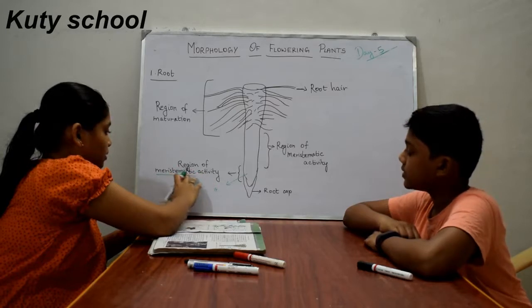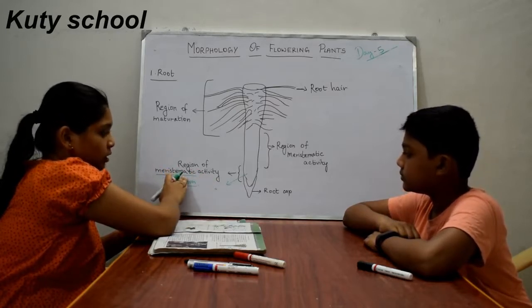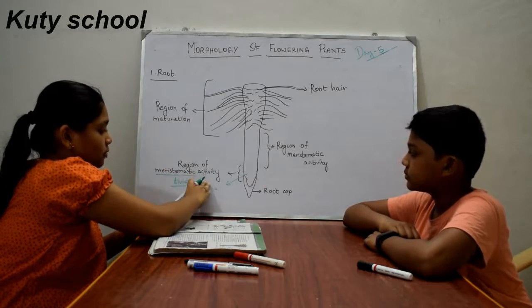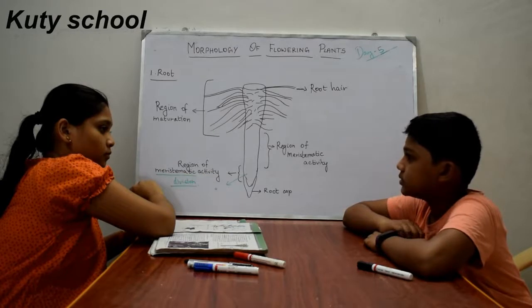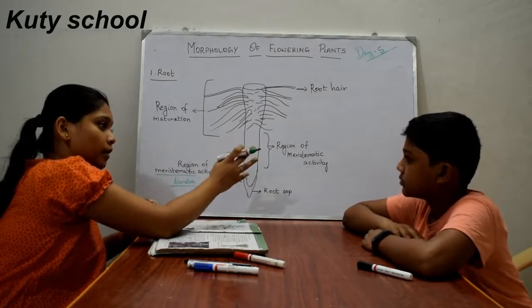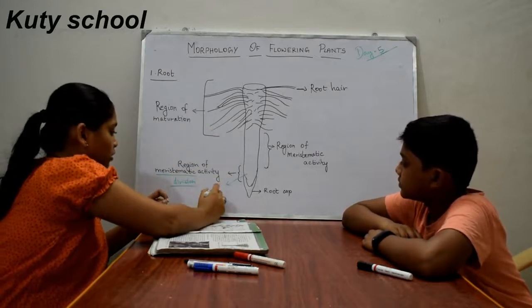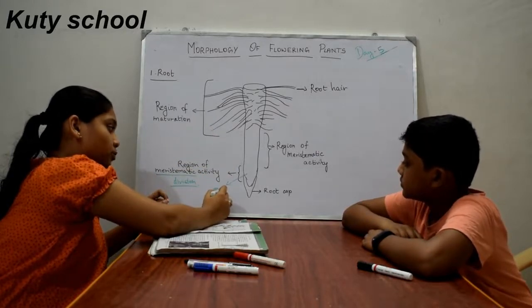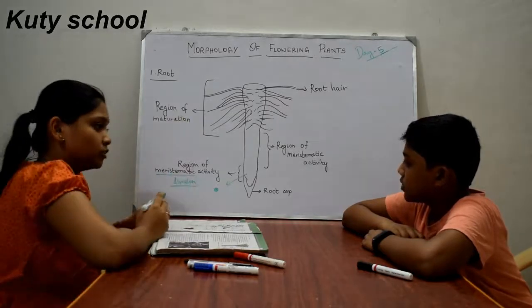So this is the region of meristematic activity. Meristematic means division of cells, and that process is known as meristematic. Here the cells are very small because constant division is happening; they always divide, so they stay small, with thin walls and dense protoplasm.